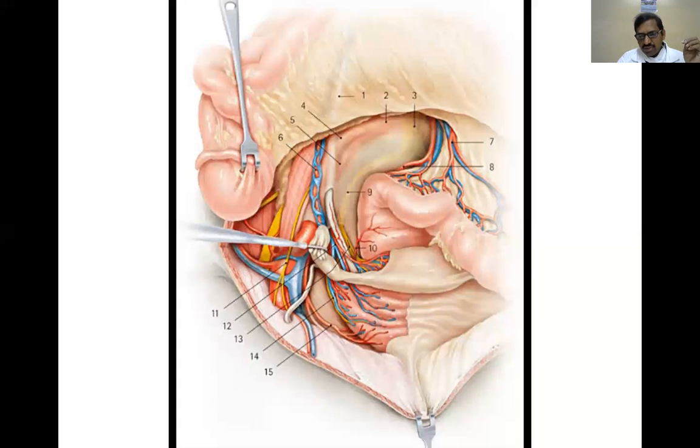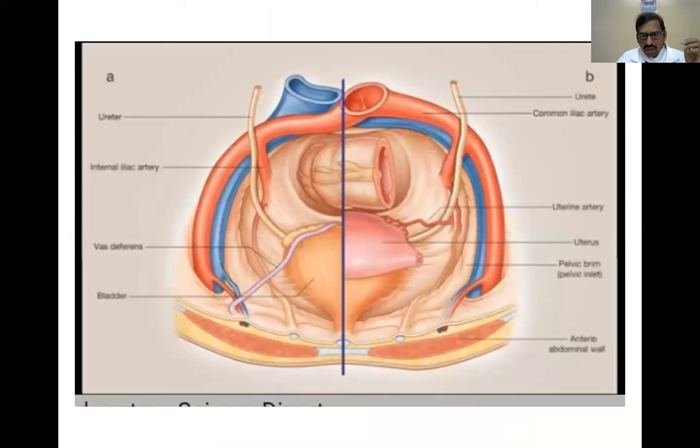You see here, this is the vertical part, this is the horizontal part, and then within the wall of the urinary bladder there is another part, the third part. This is the intramural oblique part.